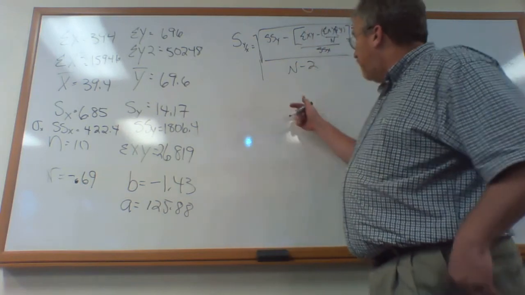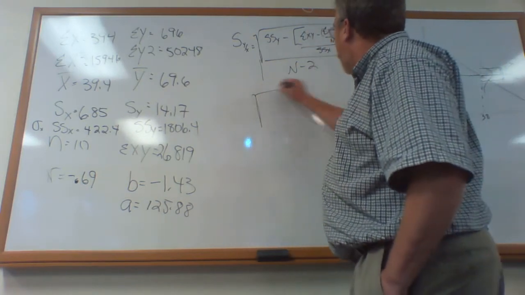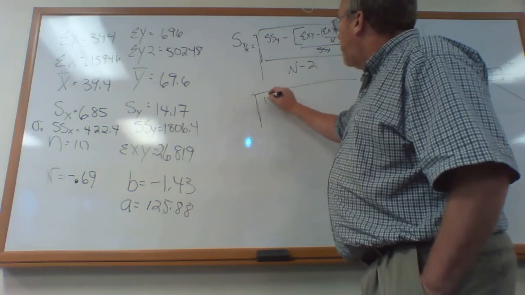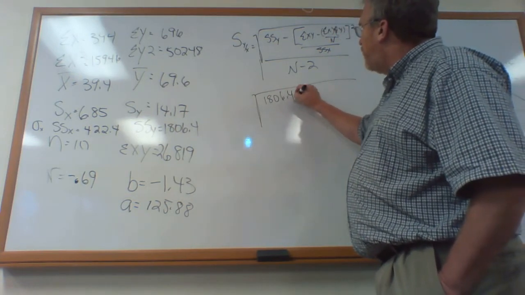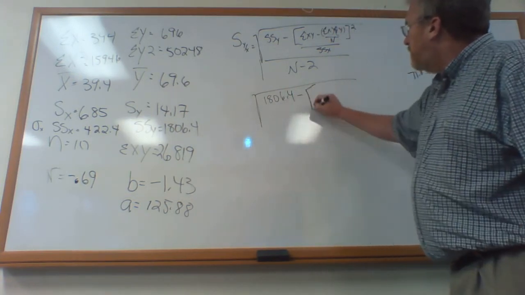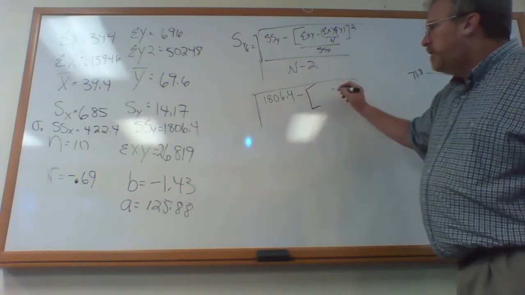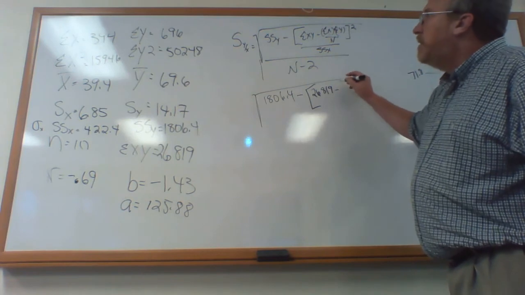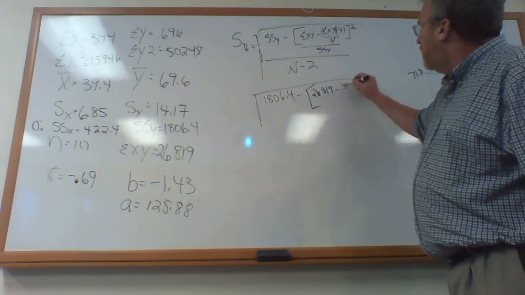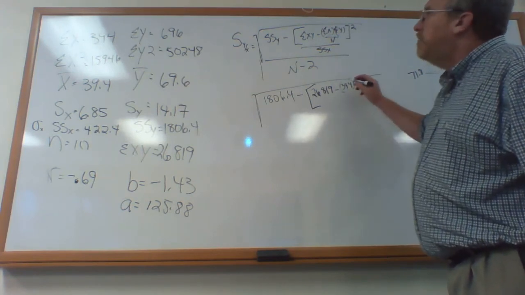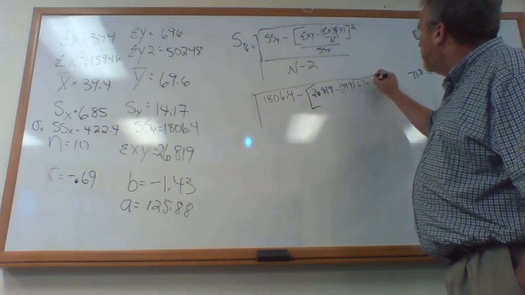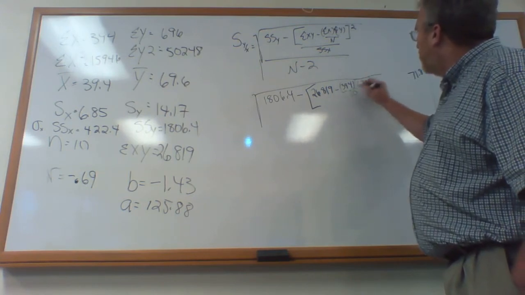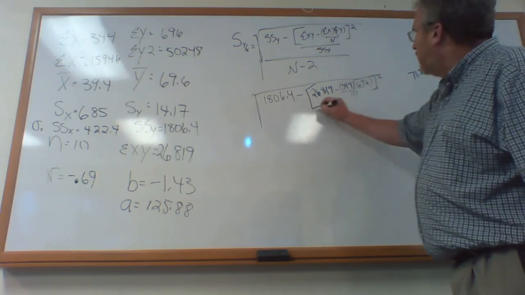But now I'd have every number. So I could just say 1806.4 minus 26819 minus 394 times 696 over 10 squared.